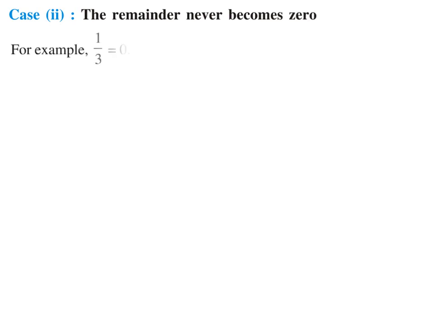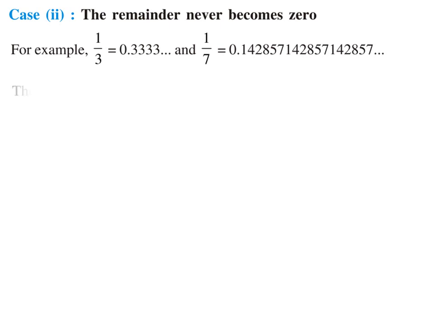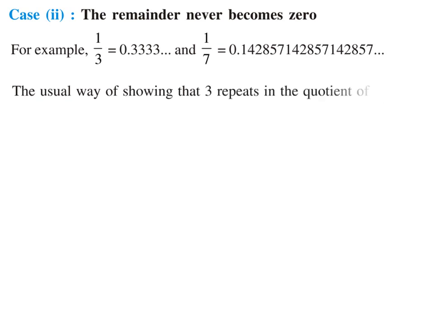For example, we have seen 1 by 3 can be written as 0.333 up to infinity, and 1 by 7 can be written as 0.142857, 142857, 142857 up to infinite times. The 3 repeats in the quotient of 1 by 3.